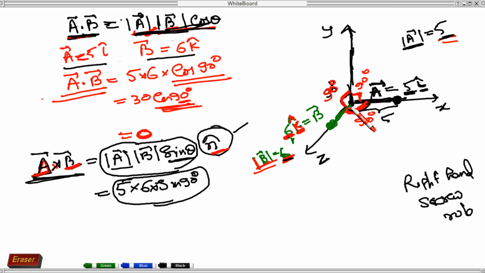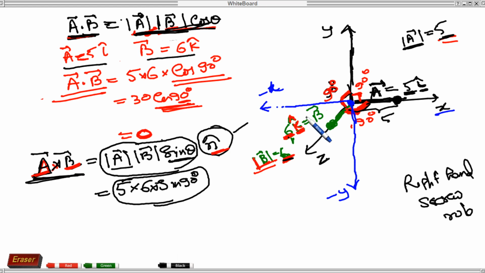In this case, this is my minus y-axis, because it's the origin. This is your plus y-axis, this is your minus y-axis, this is your minus x-axis, this is plus x-axis, this is your origin, and this one is your minus z-axis.